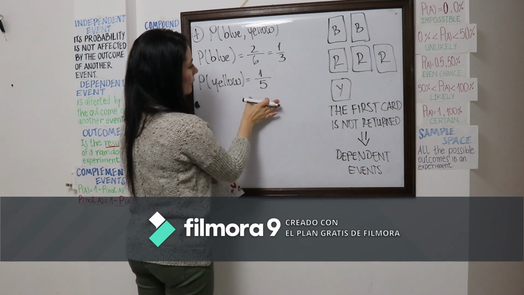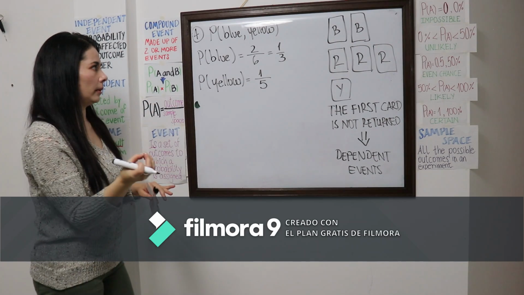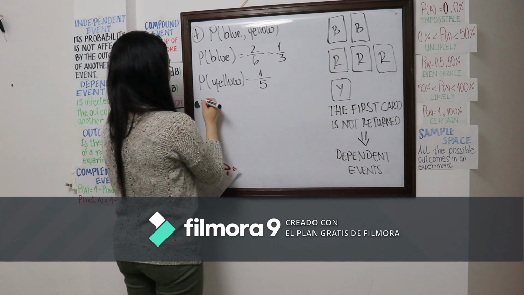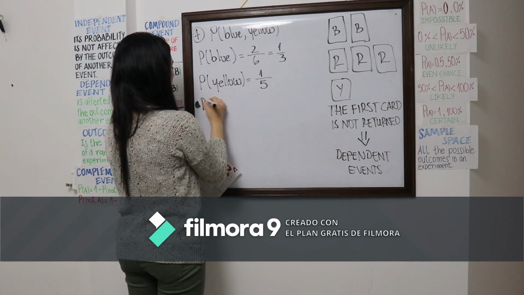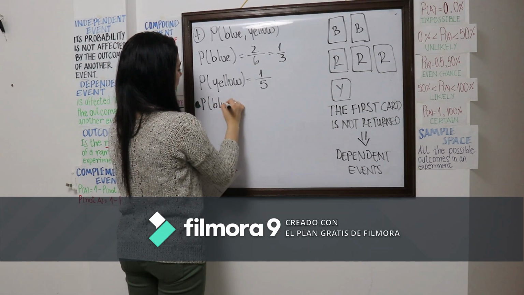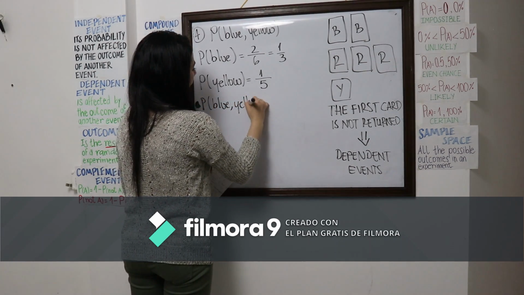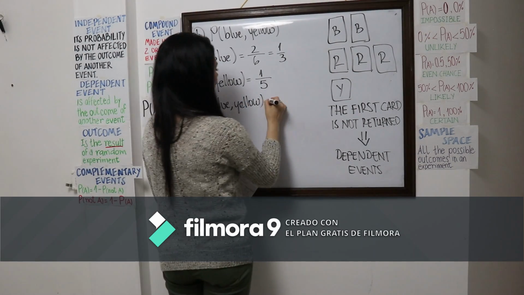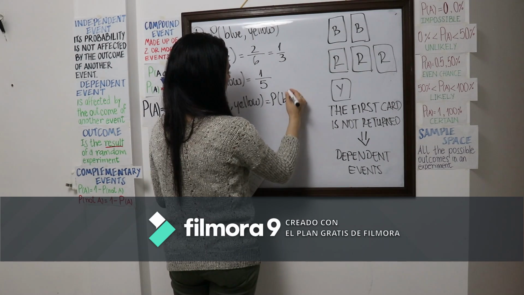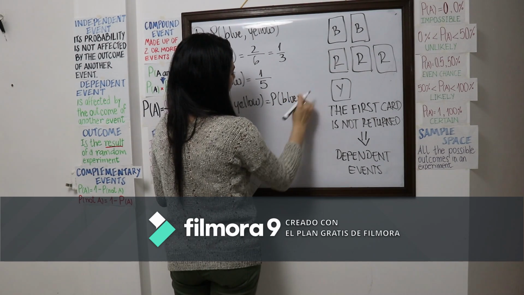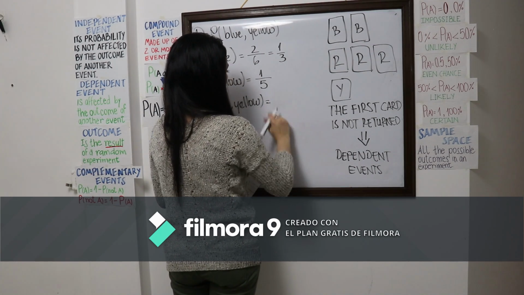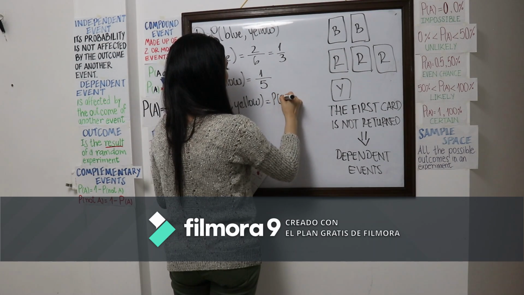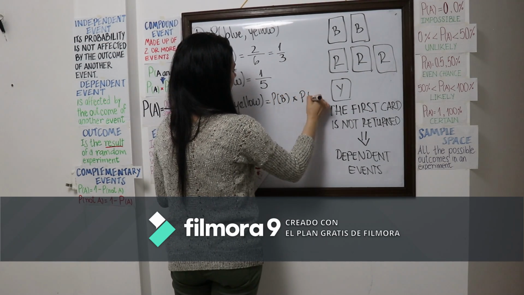But I already have calculated each of the probabilities separately, and now I'm going to find the probability of both. So I need to get the probability of blue and yellow. And we know, of course, that is getting the probability of blue and then multiplying that, you know what, I'm going to use probability of blue times probability of yellow.